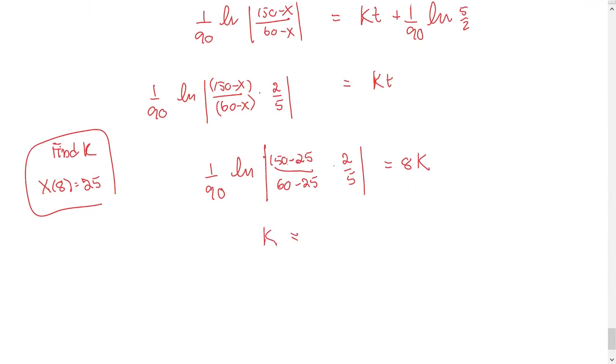Put it in the calculator to give you the approximate number. Well, for the exact number, it's going to be 1/90 times 8, and then times natural log of 150 minus 25, that's 125, and the bottom here is 35.